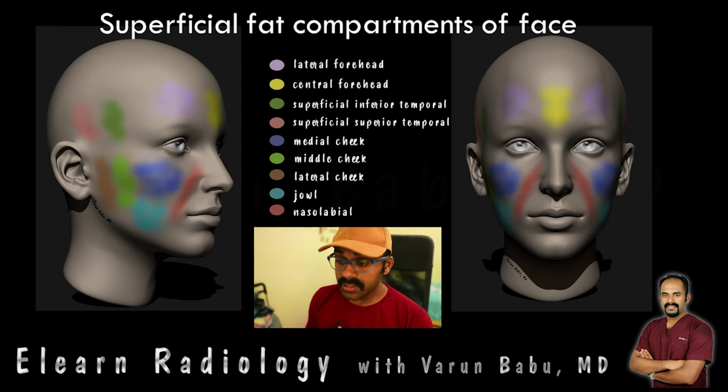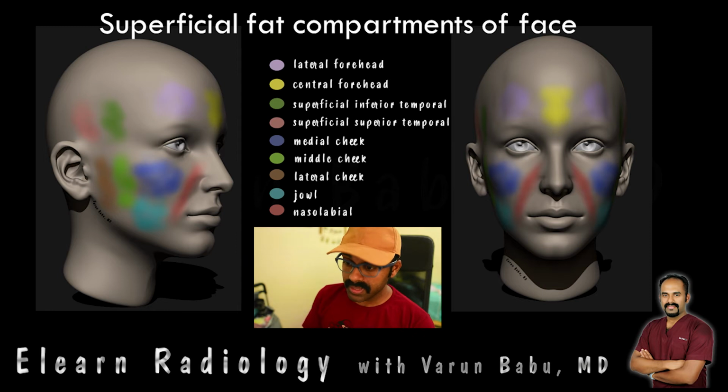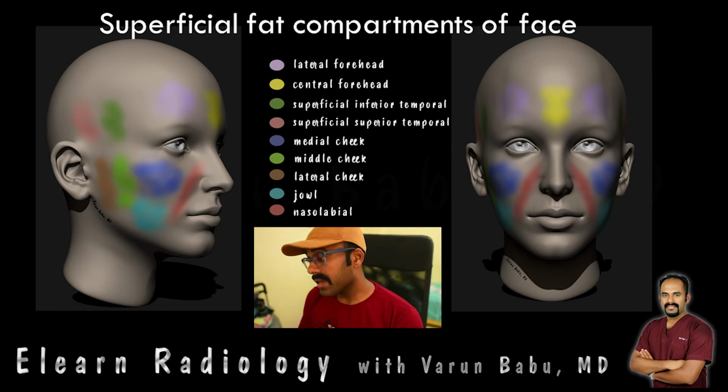The medial cheek corresponds to the malar fat pad and is seen extending from the inferior orbital rim laterally towards the outer canthus of the eye. The middle cheek compartment begins lateral to the medial cheek compartment, lateral to the outer canthus of the eye, and is seen as a rectangular space.